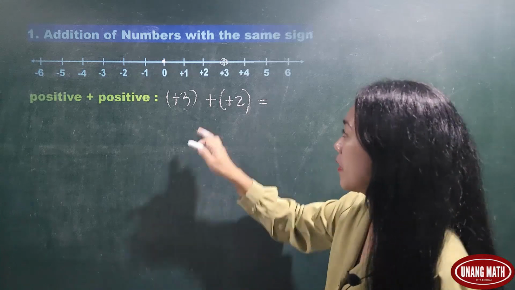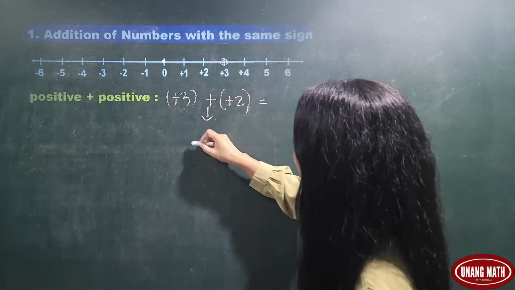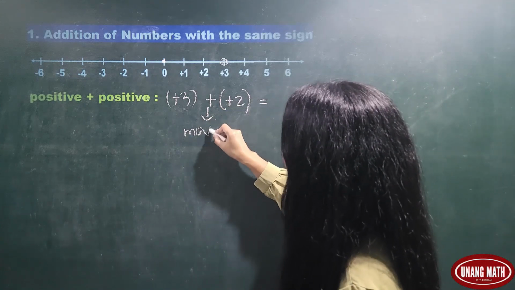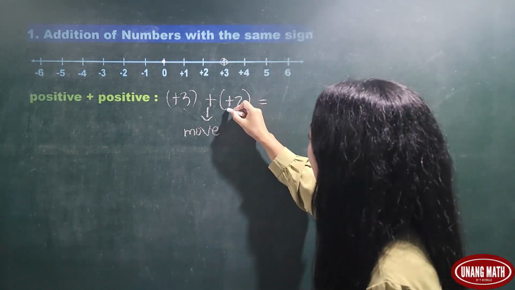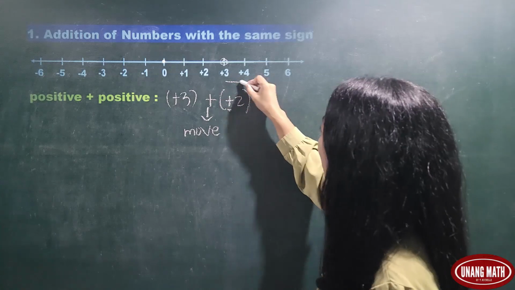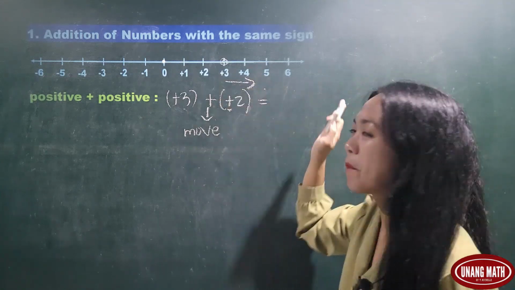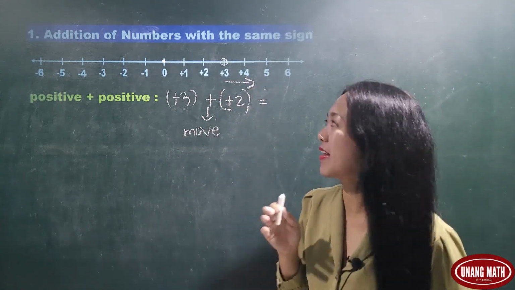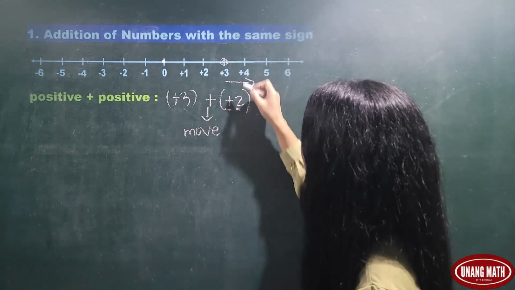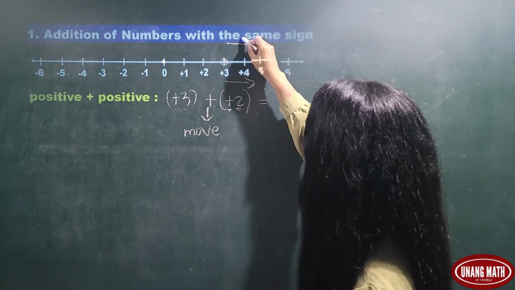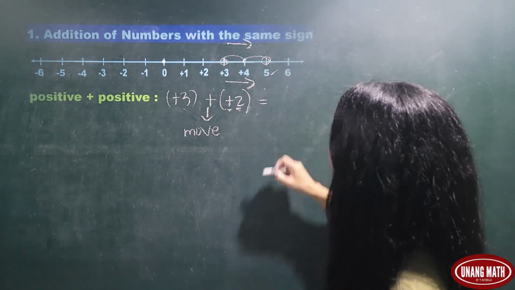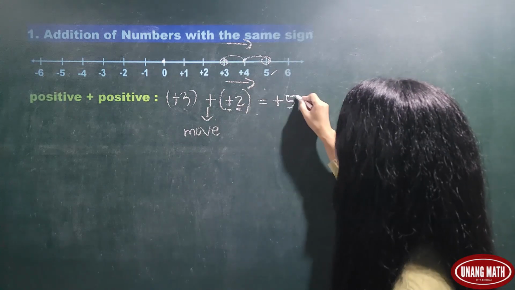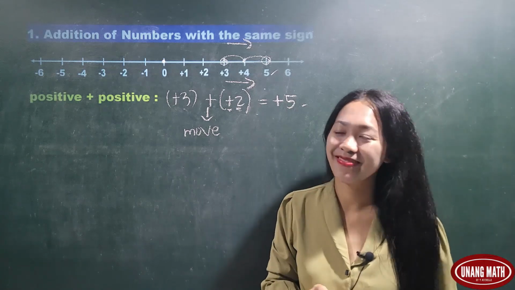Plus or addition means we need to move. The sign is positive, so we move to the right. How many times? 2 times. So from here, move to the right 2 times: 1, 2. So the answer is positive 5.